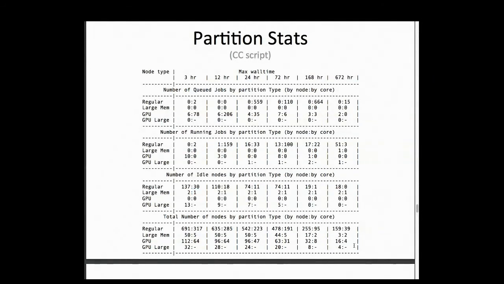And if you'd like to see how many resources are available in each type of partition, that's the last set of rows here. So there's 691 nodes available in the regular by node 3-hour long partition, of which 317 of them are available if you request your jobs on a by core basis as opposed to a by node basis.